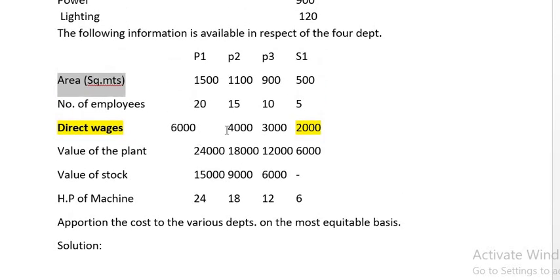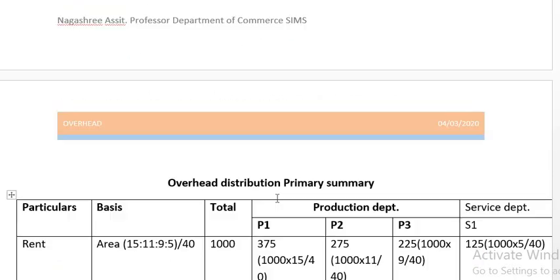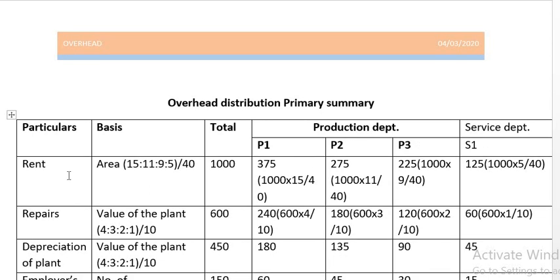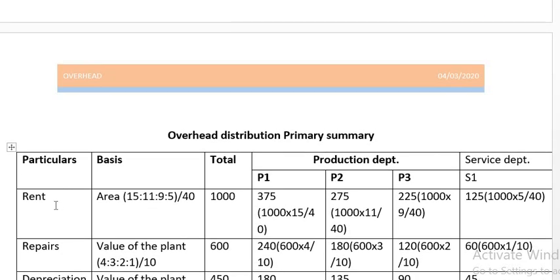Regarding this problem, we will do the primary distribution method. First we start the overhead distribution primary summary. Columns: particulars, basis of apportionment, total, the 3 producing departments P1, P2, P3 and the service department S1. First we write the overhead expenses.